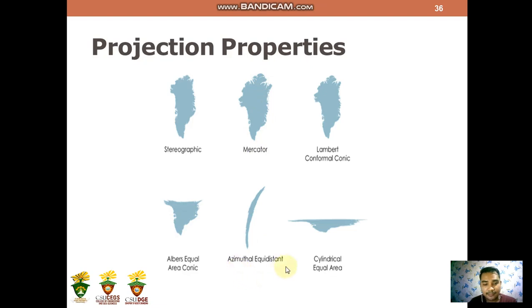Pag azimuthal equidistant, lahi ra kaayo. And for Lambert conformal, same gihapon nga place, ingani ang forma, pero pag-abot sa cylindrical, ingani ang forma. So again, different projection properties ang gina-preserve sa projection.